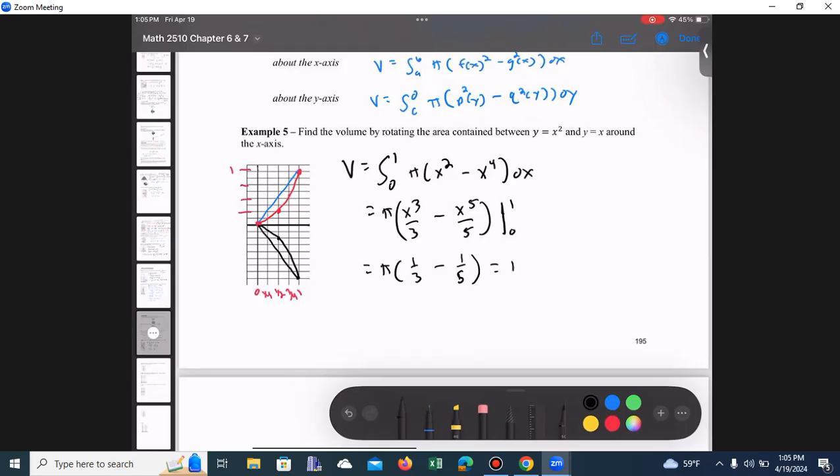We'll find a common denominator though: 5/15 minus 3/15 gives us 2 pi over 15, which ends up being 0.46. That ends up being the volume there.